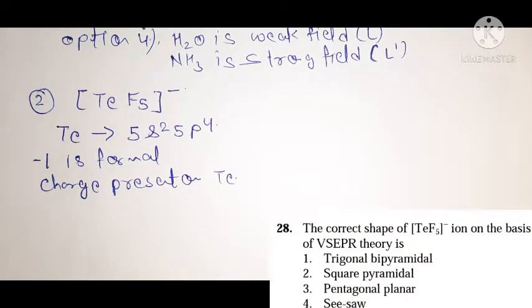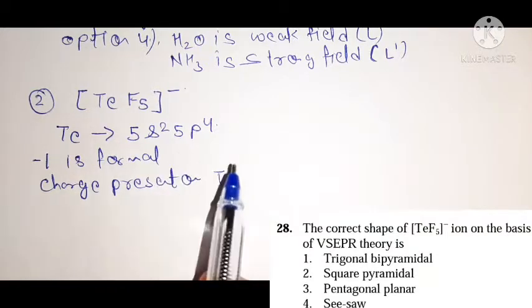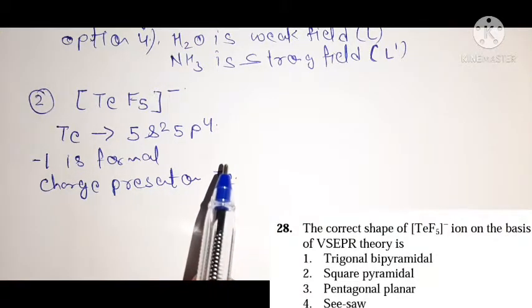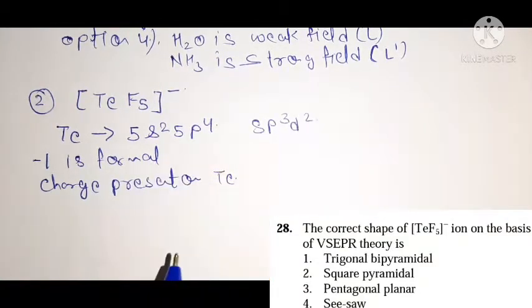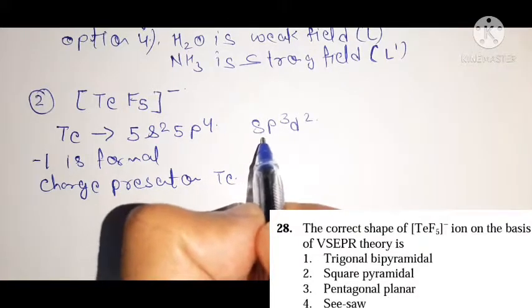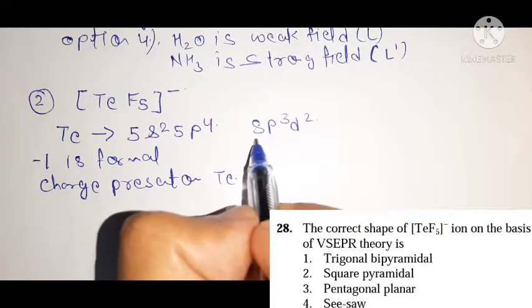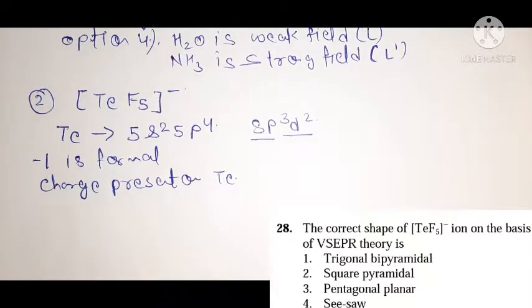Okay, so according to VSEPR theory, its hybridization will be sp3d2, so that means here we use 6 orbitals. According to this hybridization, it has 6 orbitals for bonding, out of which one orbital consists of a lone pair of electrons, and in 5 orbitals there is a bond between tellurium and fluorine.